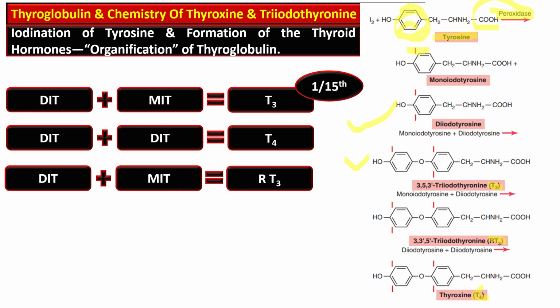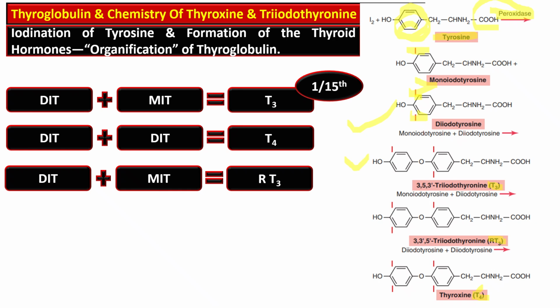Then in diiodotyrosine, two iodine atoms are attached to the aromatic ring of the tyrosine. Now these two iodines are attached, and then there is coupling.